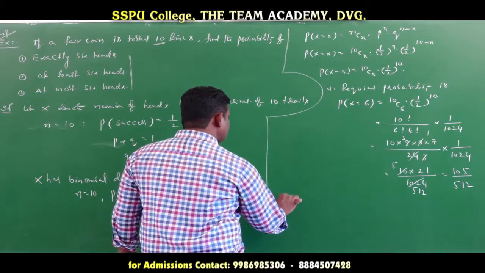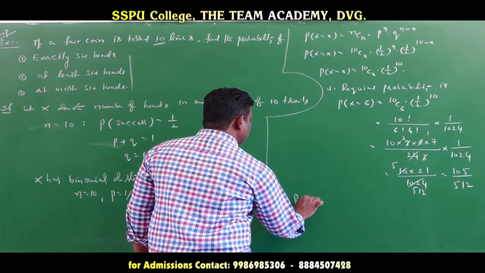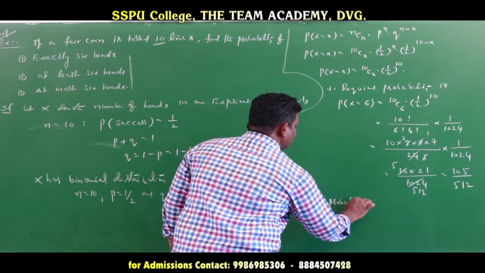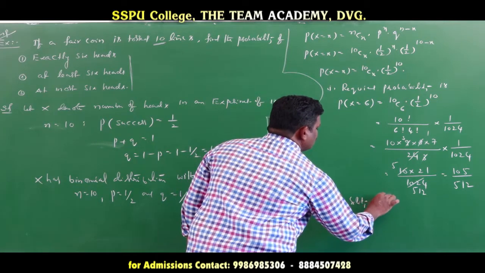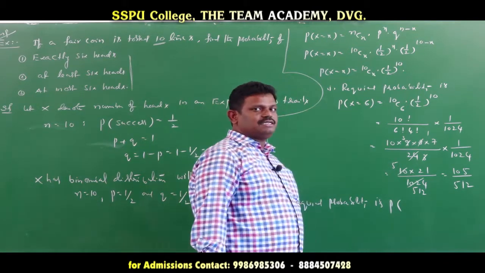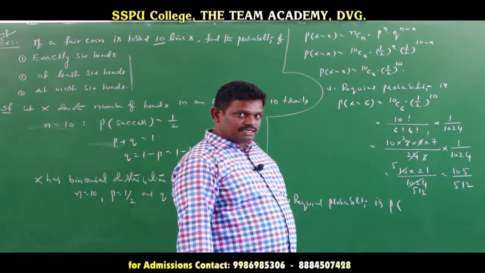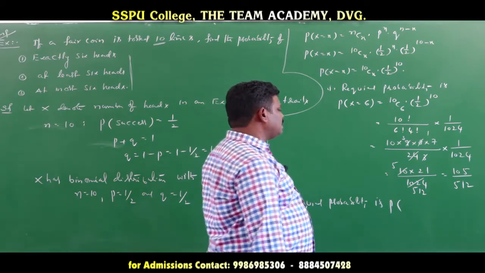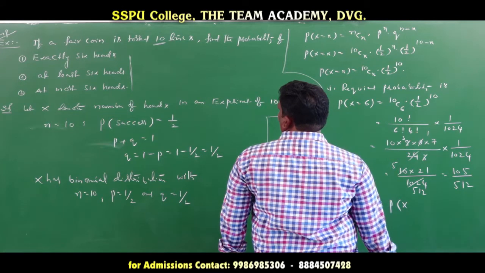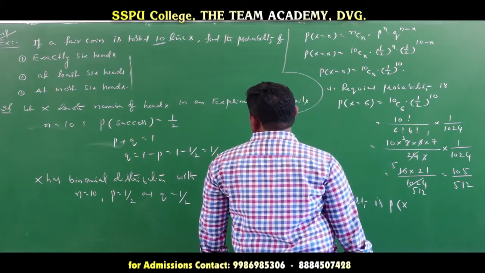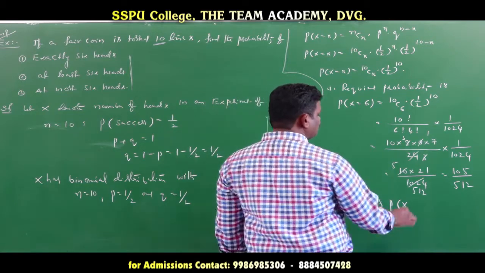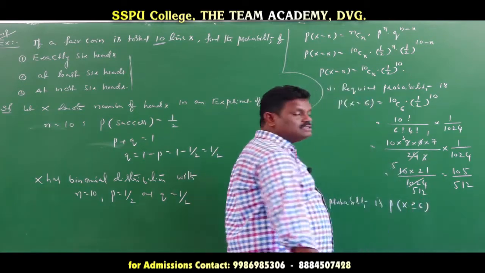And the second case: the required probability is the probability of at least 6 heads. At least 6 heads means X is greater than or equal to 6, that is from 6 up to 10.